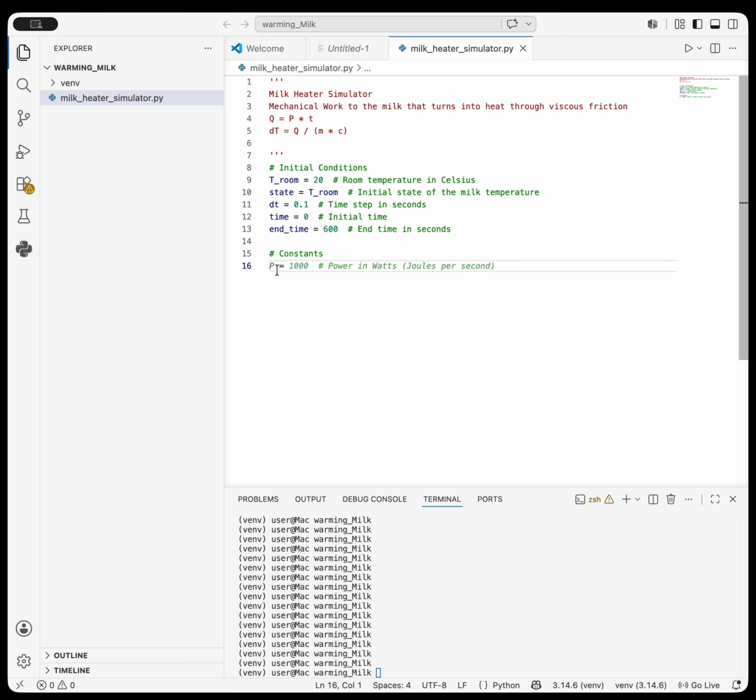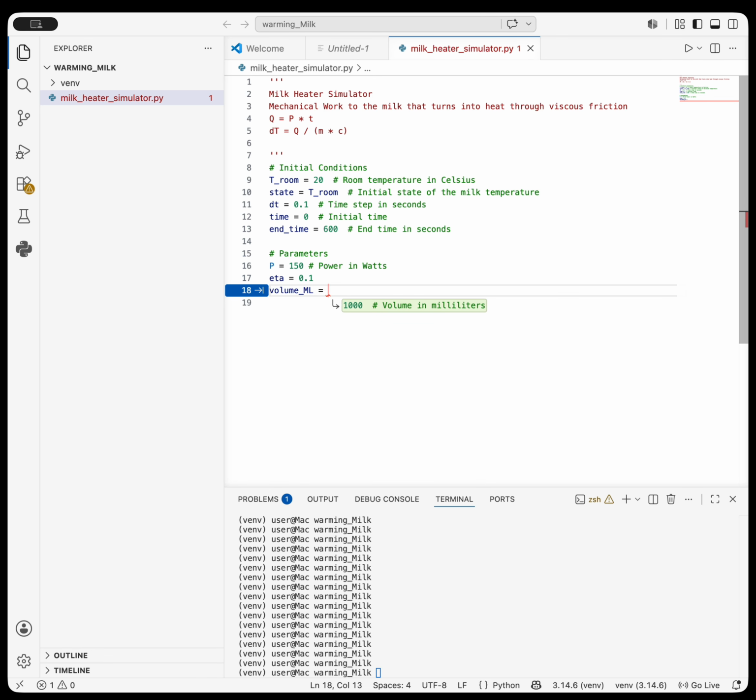And we are going to have some constants, let's call them parameters, that are some physical constants that we are going to need, including the power of the mixer. We are going to consider 150 watts because it's a small mixer. Eta is the efficiency coefficient, and we are going to consider it 10%. Let's say that only 10% of the power is going to be transformed into heat. Then we are going to consider the volume of the milk in milliliters, and it's going to be 200.